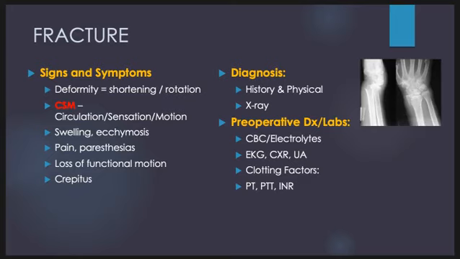An EKG, a chest x-ray, and a urinalysis could also be done if they are going to have something like a hip fracture repair, because they will have to be under complete anesthesia. There are also clotting factors such as PT, PTT, and INR, which will also be done if they are going to have open surgery. Basically, doctors just want to make sure patients won't bleed out during surgery, right?